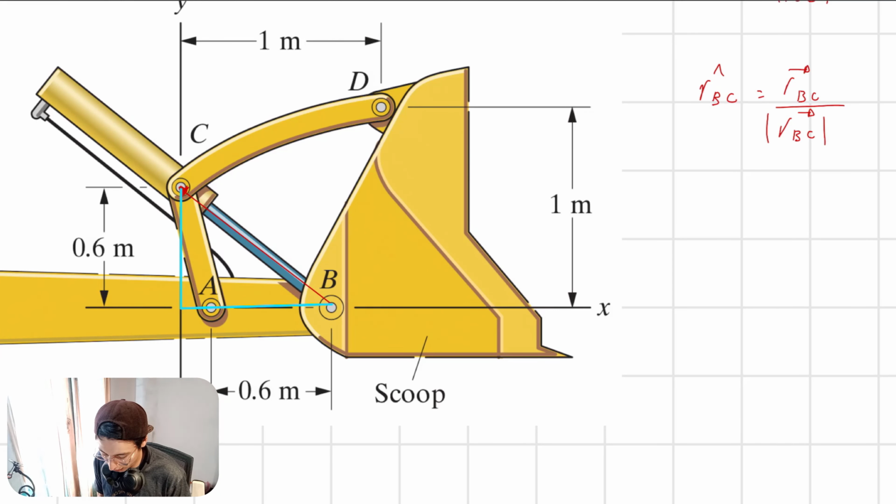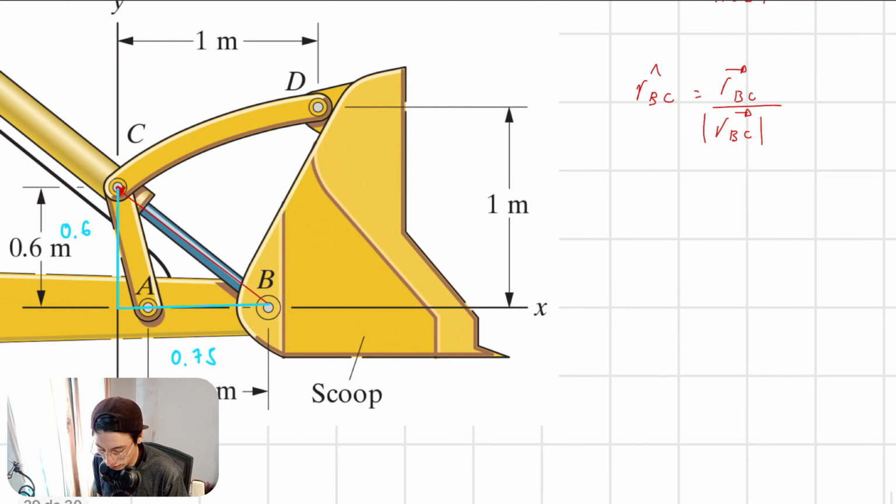So we have this cathetus, which is 0.6 plus 0.15, which is equal to 0.75. And we have the other cathetus, which is 0.6.